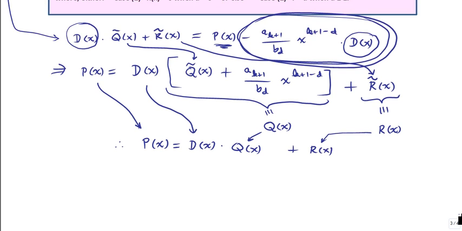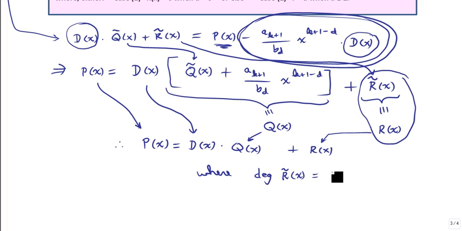It's important that we note here that the degree of the r tilde polynomial is equal to the degree of the r polynomial, the remainder, which is just what we were calling r.